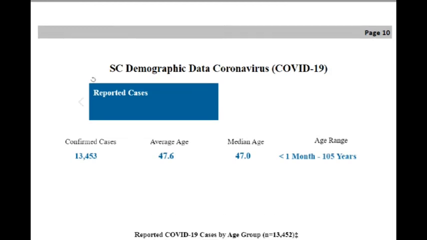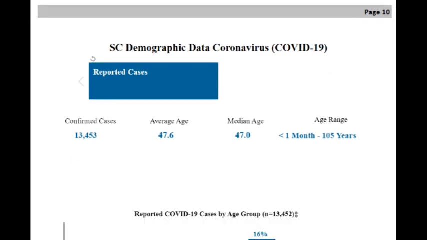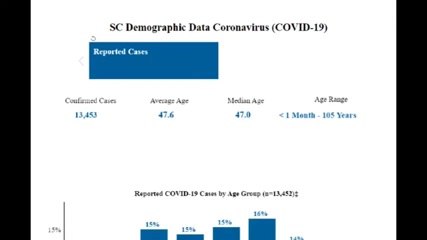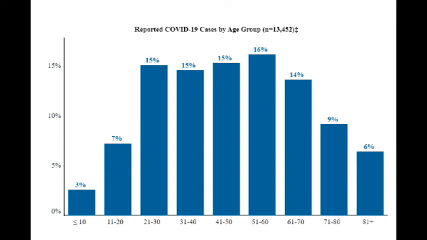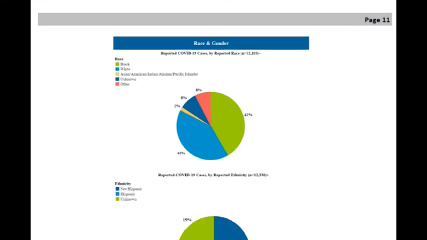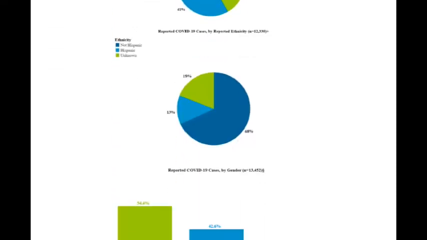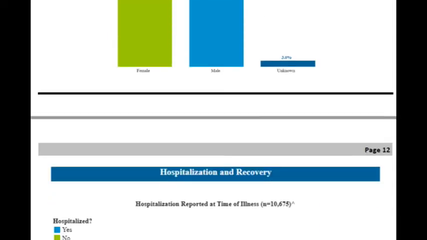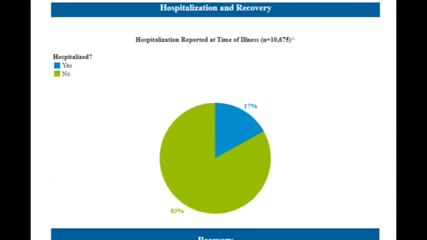On page 10 begins the demographic data reported by DHEC. This information shows things such as the cases by age group, race and gender, and on page 12, DHEC reports hospitalization and recovery.